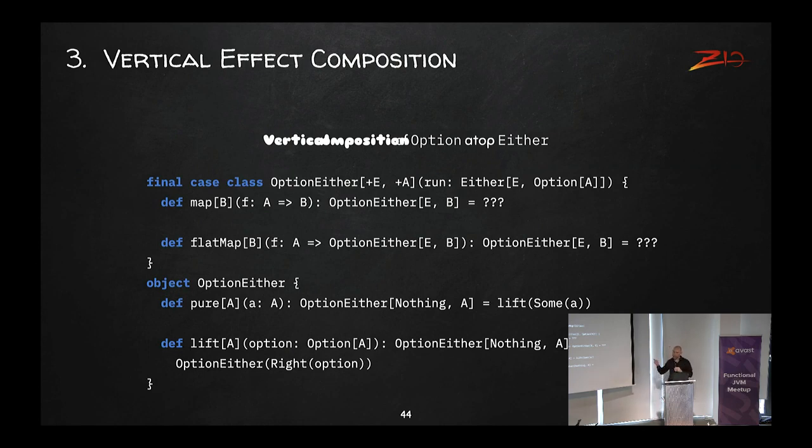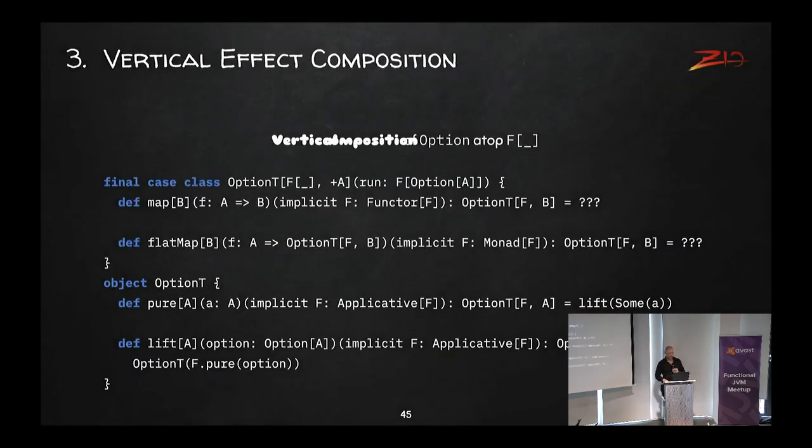So you can take this general idea and you can abstract over it. And how you do that is by introducing higher-kinded parametric polymorphism. You forget the fact that this is an either. We want to stick the option in something, but we don't want to know that it's an either. And to do that, we use a higher-kinded parametric polymorphic type called F here.